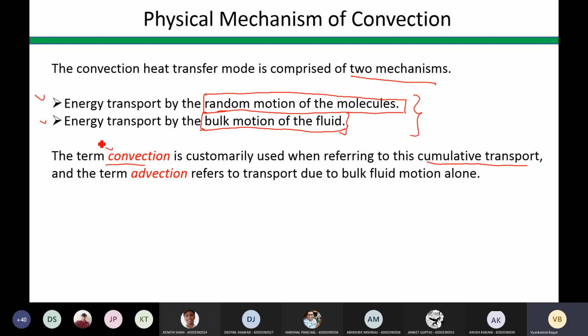And the term advection refers to the transport due to the bulk motion of fluid alone. So if only the bulk motion of the fluid is taking place, then we call it advection. However, the more customary term is convection, where both mechanisms of heat transfer appear together: the random motion of the molecules as well as the bulk motion of the fluid.